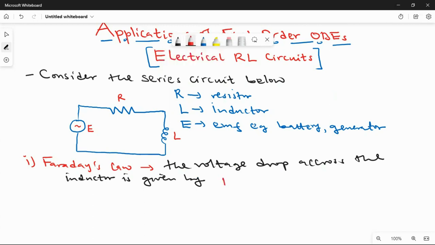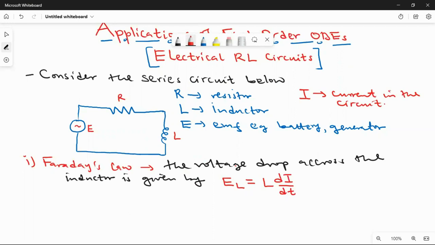That voltage drop is denoted by E subscript L. What I'm using as I here denotes the current in the circuit. It is a function of time t.